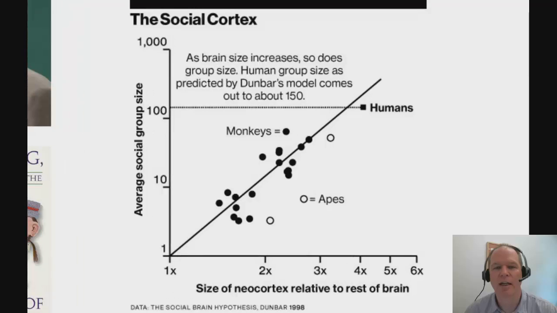You can see here that there seems to be a direct relationship between the size of the group and the amount of neocortex in the brain. So that part of the brain that's devoted to higher order thinking.